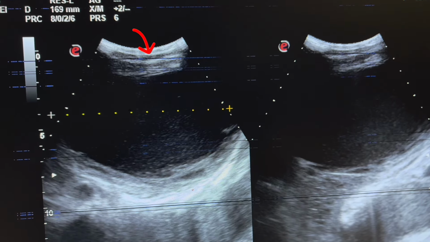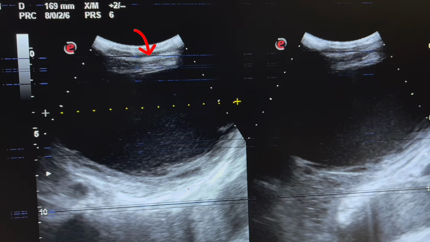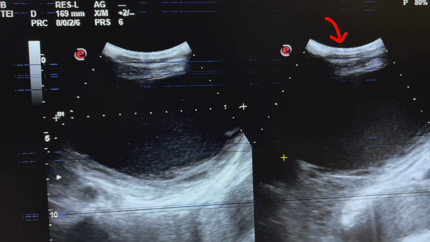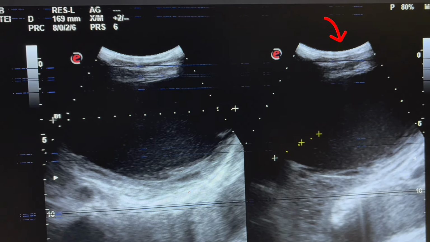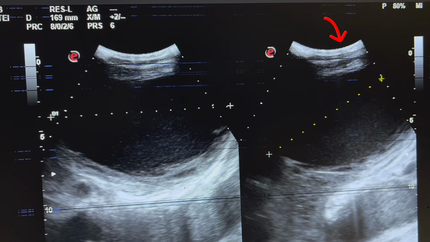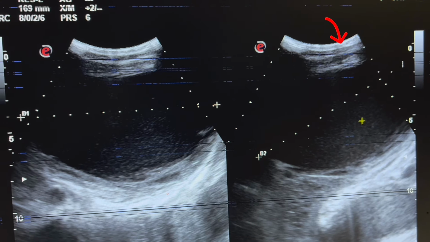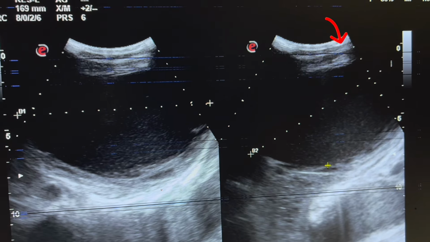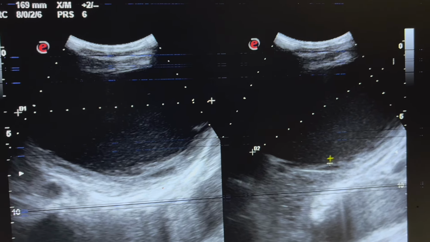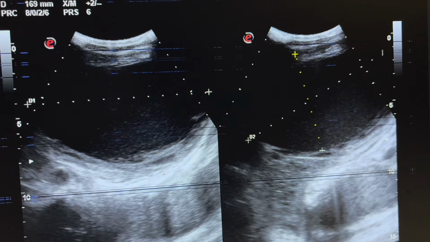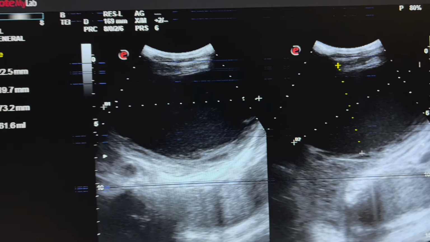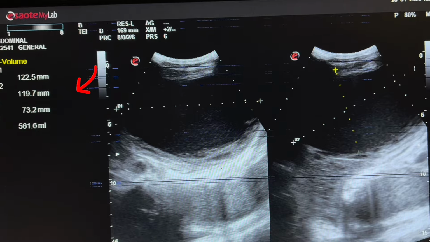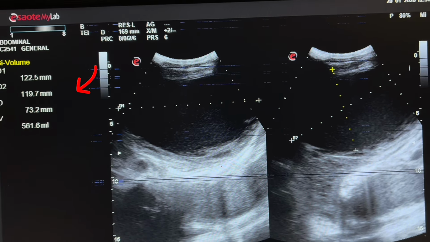Now we will measure the volume of this cyst. The volume of this cyst is 561 milliliters.